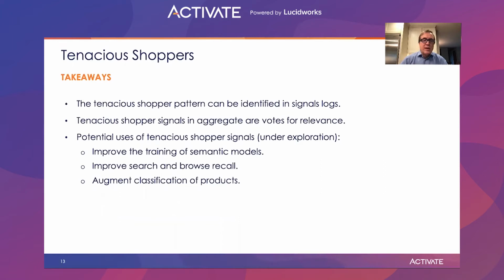Perhaps we can add products on the fly based on these signals as we learn from these tenacious shoppers to search results and browse categories. And then that's connected to, we could use this behind the scenes to augment catalogs or augment the classification of products based on these types of signals.